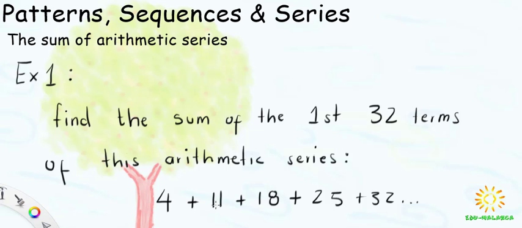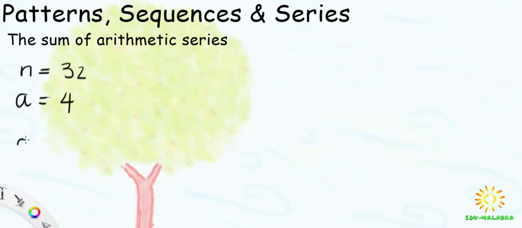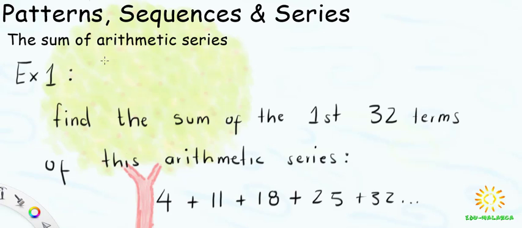We're going to use 11 and 4, term 2 and term 1. And so our d is going to equal term 2 minus term 1, which is equal to 11 minus 4, and that's equal to 7. We now have n, a, and d. These are the things that we're given or that we can very quickly measure and find from the question.